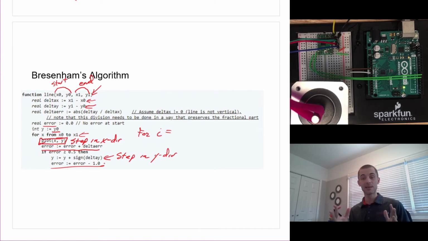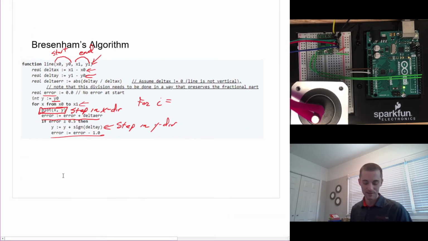It's the exact same algorithm; we're just using stepper motors instead of graphics and plotting functionality. So that's the fast and dirty version of how you can implement Bresenham's algorithm in MATLAB.